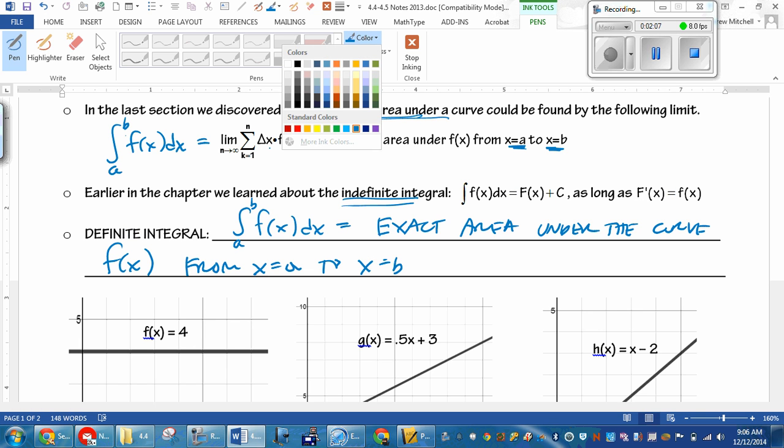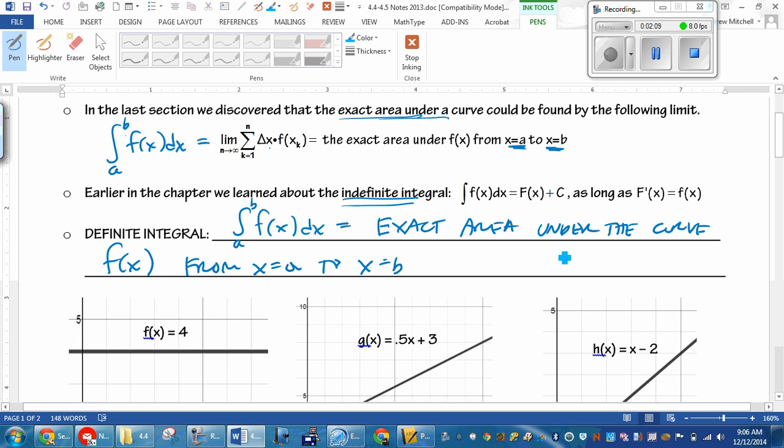And when I say area under the curve, that means the area between the curve and the x-axis. The area between the graph or the curve and the x-axis.